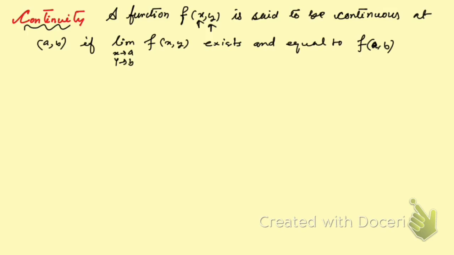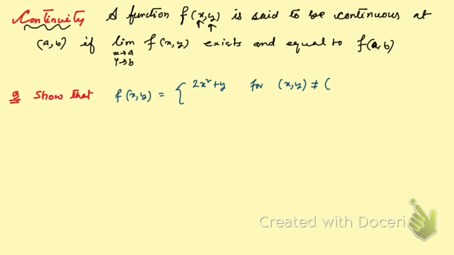Suppose we have a function f of x comma y equal to 2x square plus y for (x, y) not equal to (1, 2).